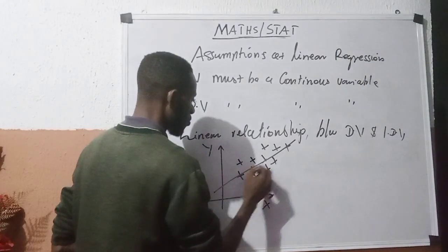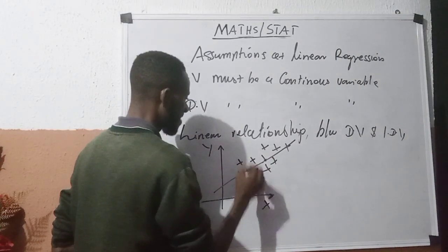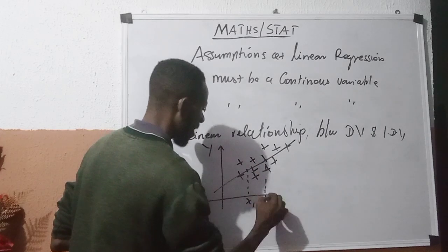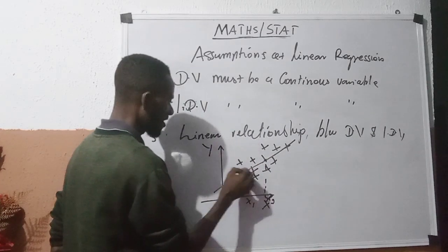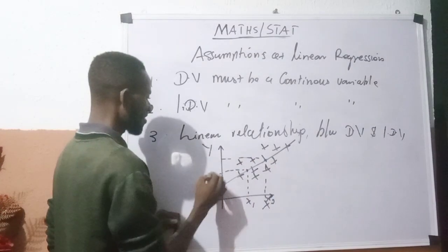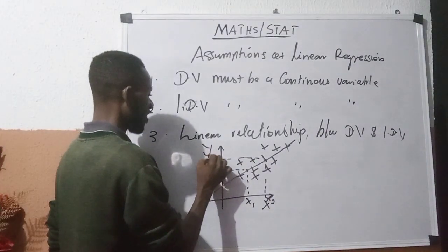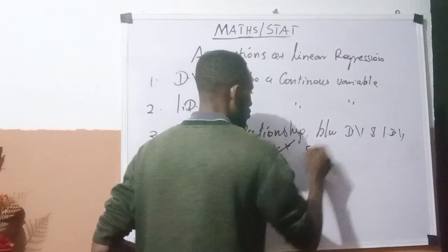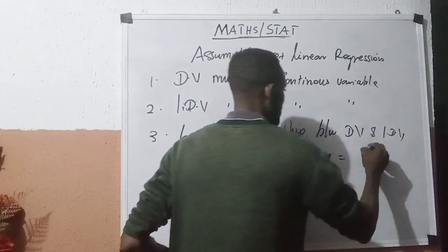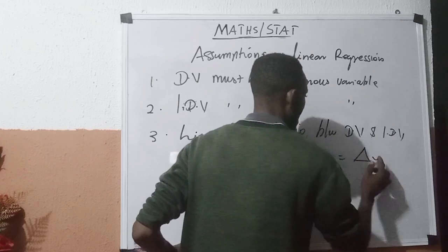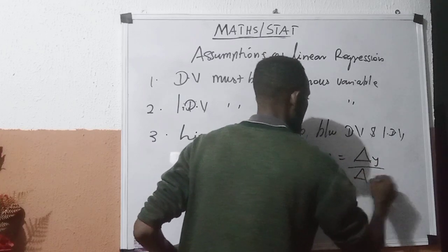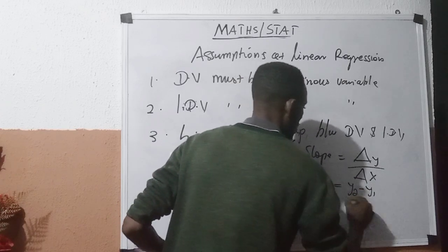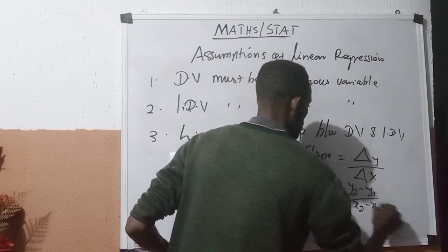To measure the slope, you pick two points and draw down to the axis, giving your x1 and x2, and draw across, giving your y1 and y2. Our slope equals change in y over change in x, which becomes y2 minus y1 over x2 minus x1.